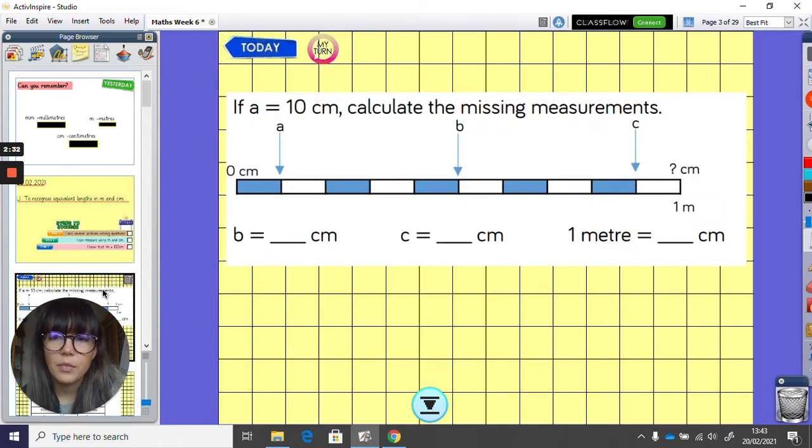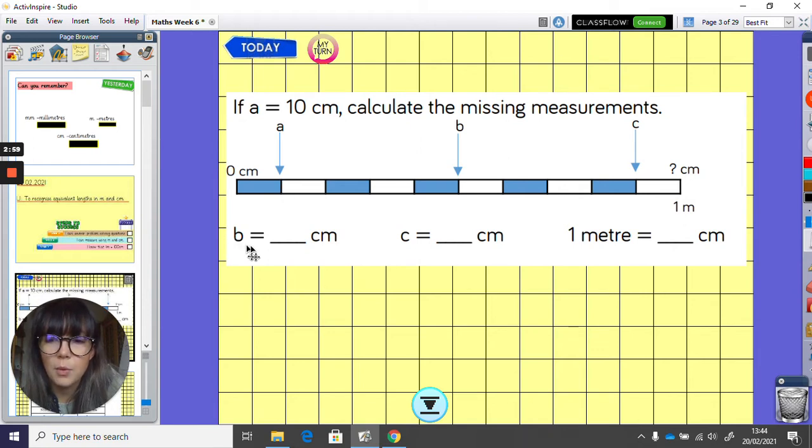So, the first thing is going to be my turn. So I'm going to read the question on the board. I'm going to have a go answering it. You can also have a go answering it with me, and then we're going to have a go with you having a go and then me showing you afterwards. So the question says, if A equals 10 centimetres, here is A with an arrow, so that's A. Calculate the missing measurements.